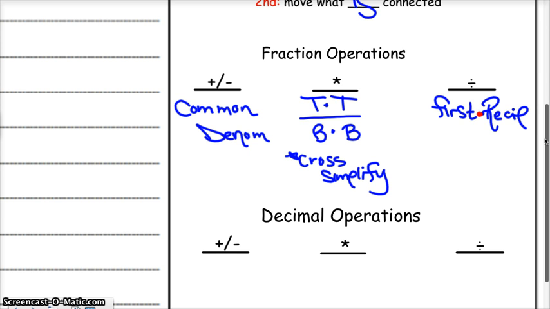Got to keep in mind how you handle their operations. Although many of you are pretty fluent with it, it is hard and very abstract to decipher when you need a common denominator, when you need to cross simplify, when you need to go top times top, which one you take the reciprocal of. It's a lot to remember, and it's amazing that our minds can decipher through that so quickly.